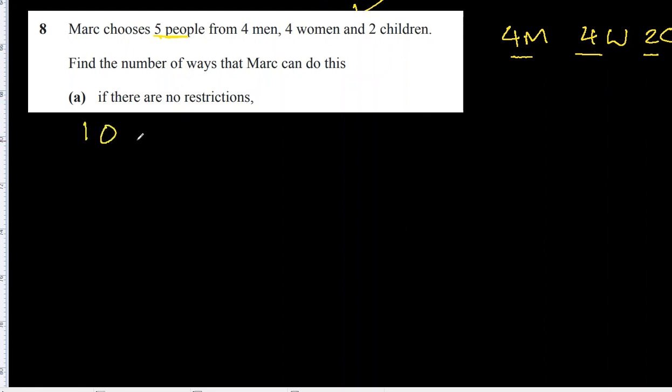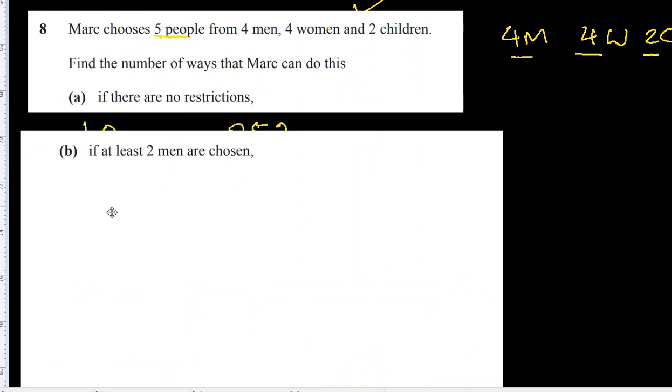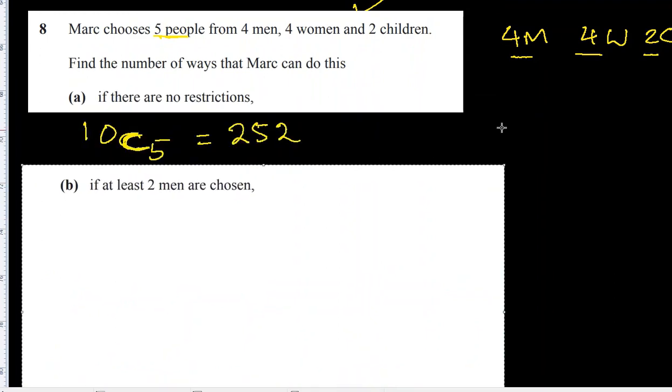So we have to select 5 out of 10, and no one has a higher rank or lower rank. All are equal. That's why we can use combination, because the order is not important, which is equal to 252. Okay, what is the B part? Here is the B part.